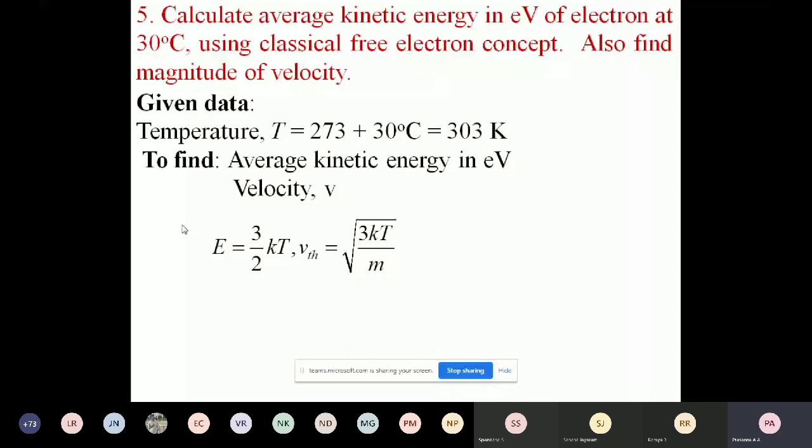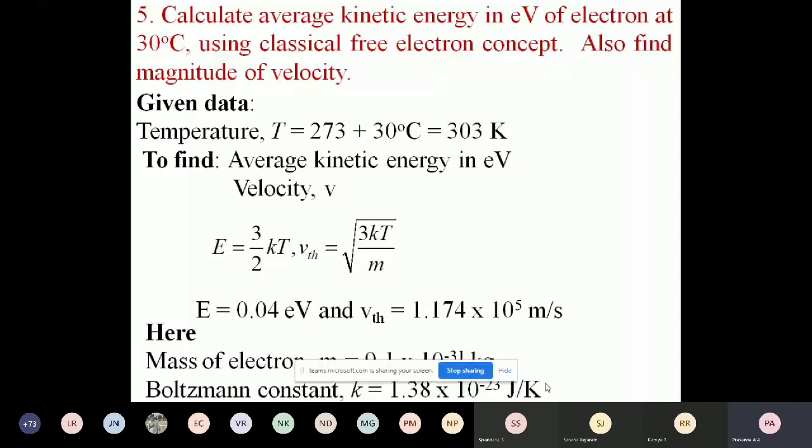Vth is equal to square root of 3 kT by m. And on substituting the value of k, the Boltzmann constant, its value is 1.38 into 10 power minus 23 joule per Kelvin. And temperature is given. Mass of electron to be used, 9.1 into 10 power minus 31 kg. That is to be substituted and calculated.